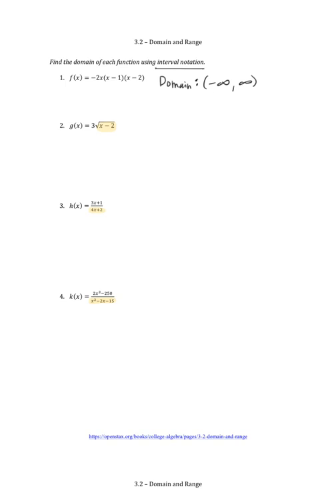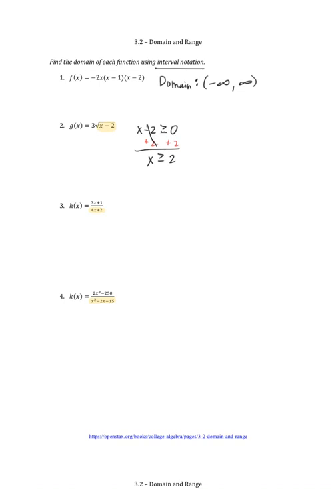In number 2, we do have a restriction. The restriction is going to come from the radicand. So the part under the radical has to be greater than or equal to 0. So I'm simply going to take what's under the radical and say it has to be greater than or equal to 0, and then solve that inequality. To solve the inequality, I'm going to add 2 to both sides. That gives me x must be greater than or equal to 2.